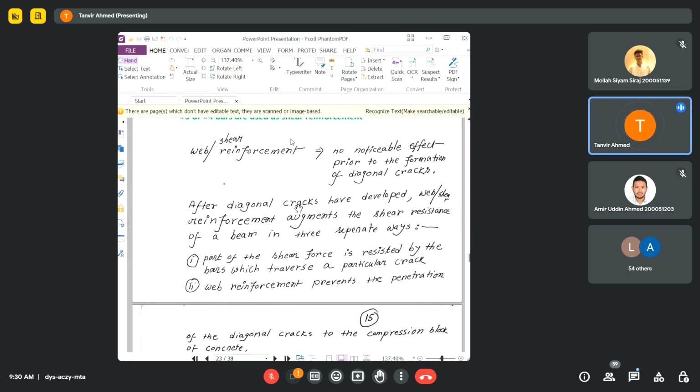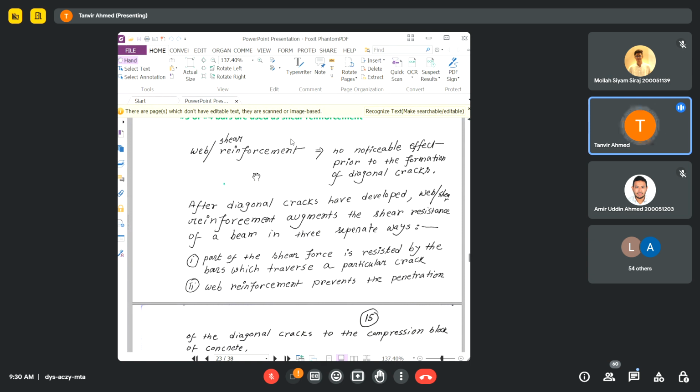Shear reinforcement normally will not contribute to the overall performance of your beam before the formation of diagonal cracks. When a crack forms, obviously the crack will not be very large in size because of the presence of this shear reinforcement.